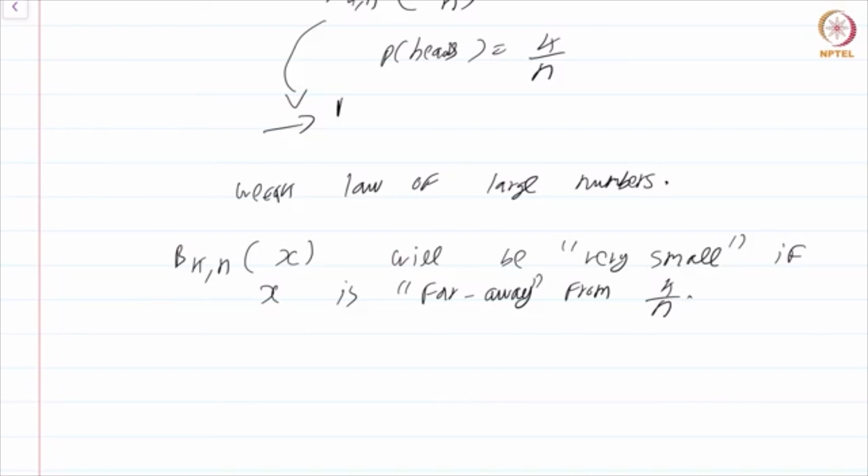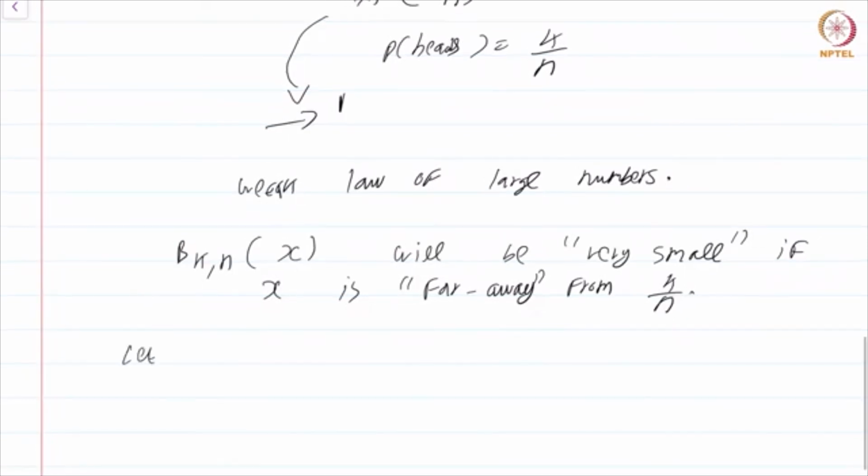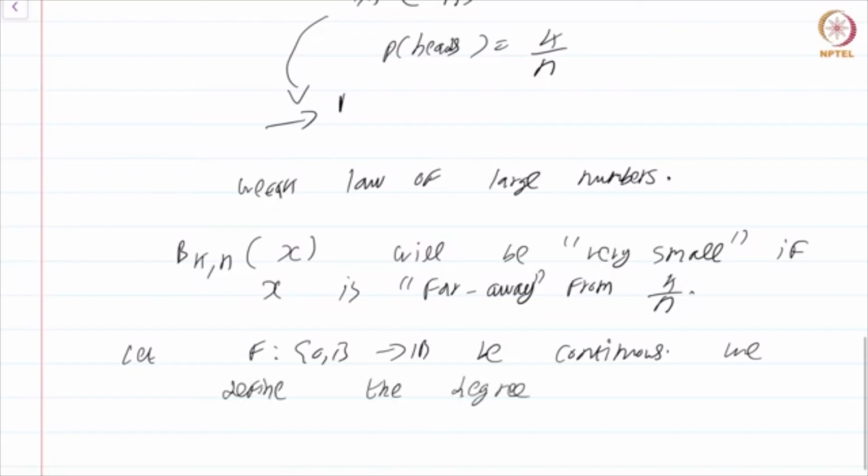So what we do is the following. Let f from [0, 1] to R be continuous. We define the degree n Bernstein polynomial. Note there is only one such polynomial.